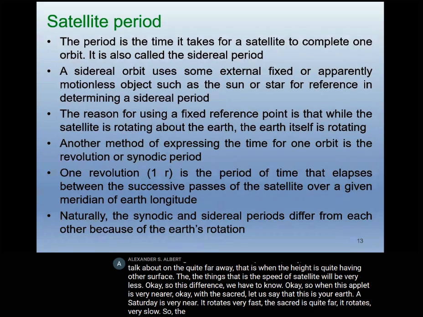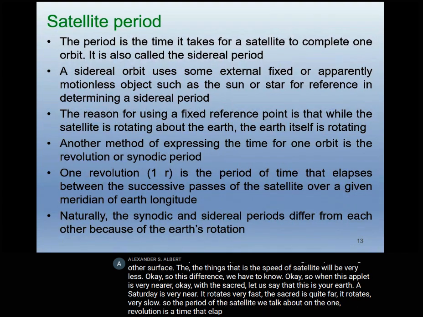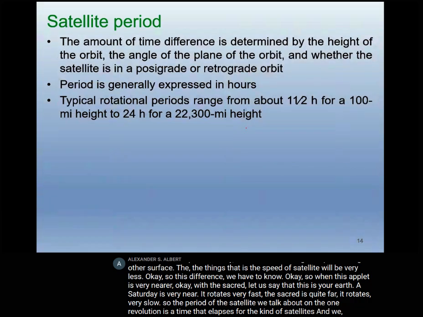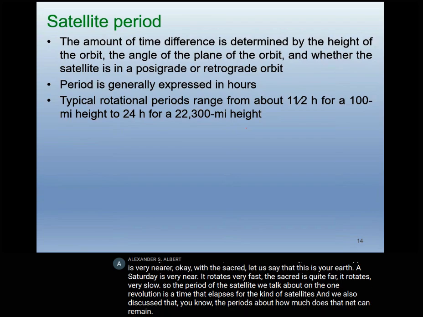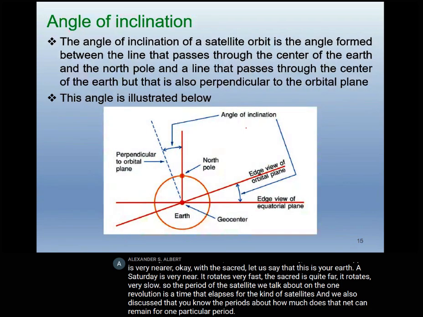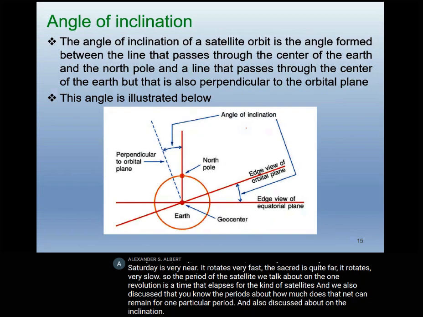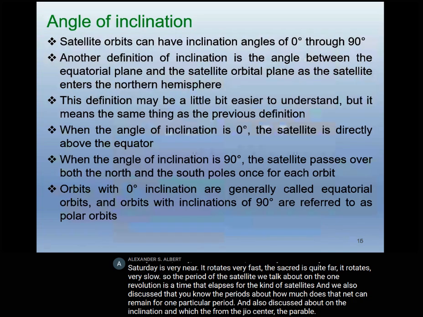So the period of the satellite is the time that elapses for one revolution of a particular kind of satellite. And we also discussed the inclination at which, from the geocenter, the peripheral orbit will incline.